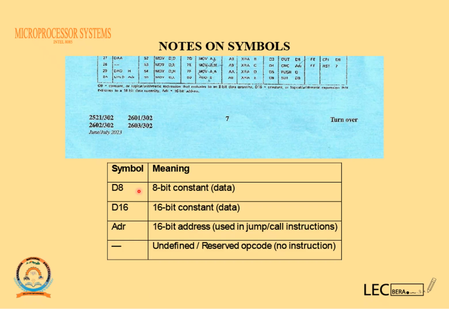And in these writings, first of all, you find something like D8, D16, ADR, or sometimes even M. Now, D8 means that if you have an instruction, let's say MVI C, D8, this is an example of an instruction.